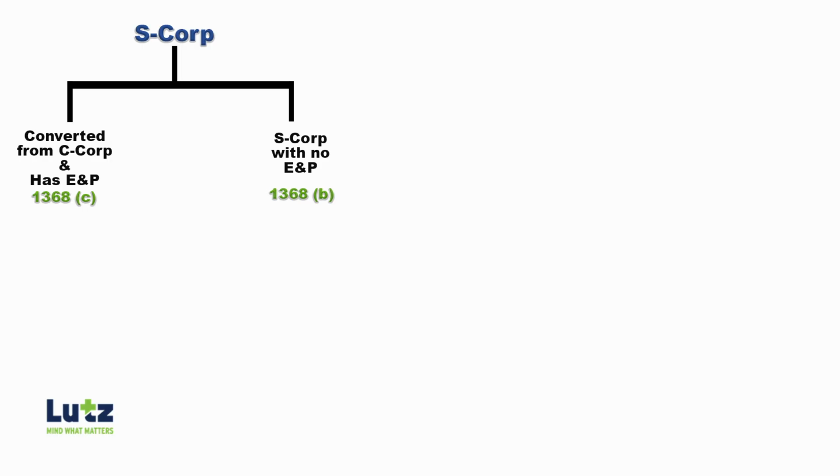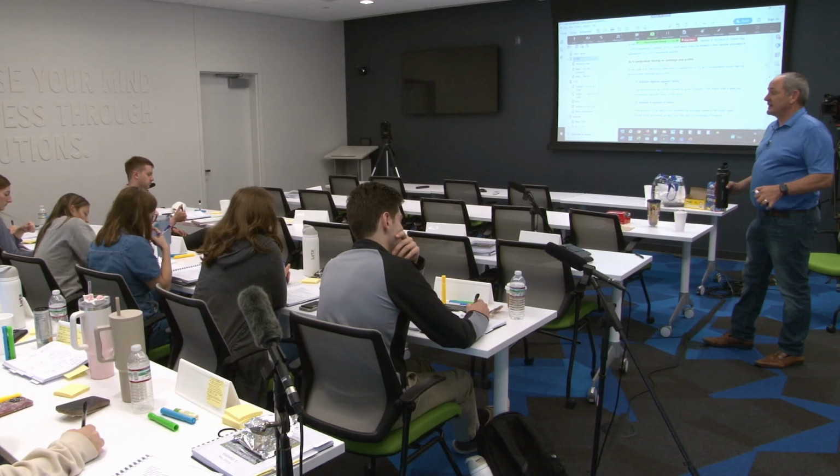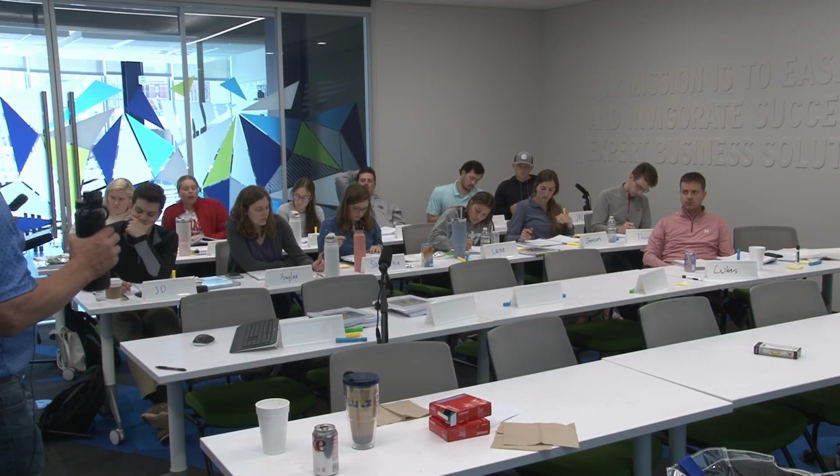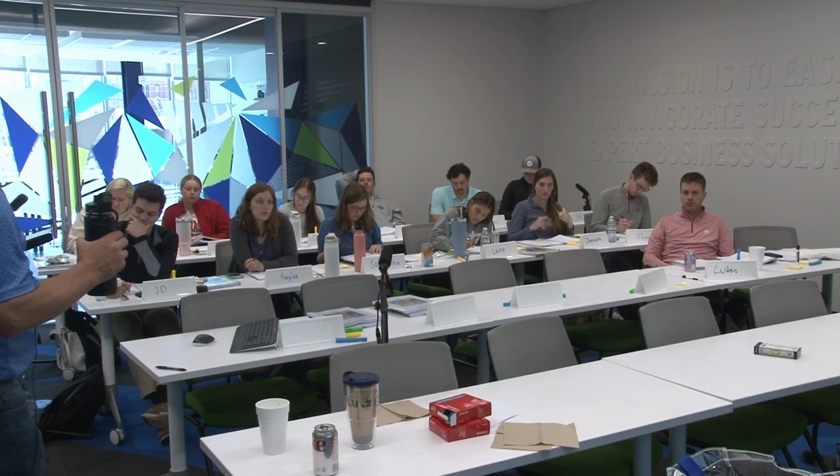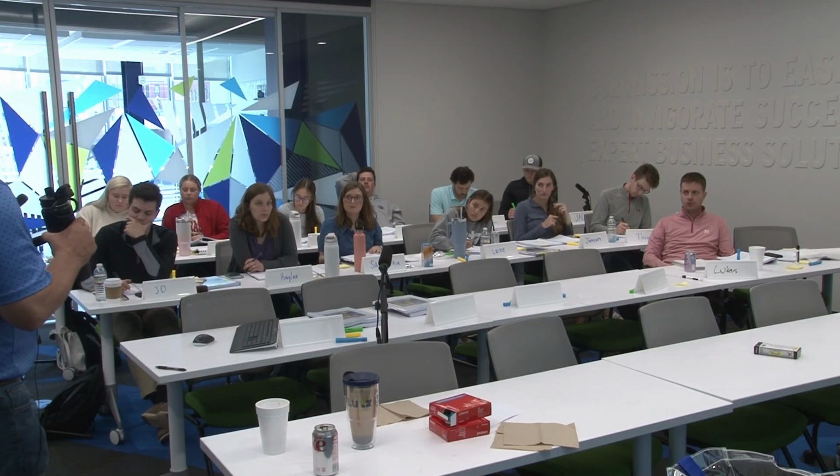What's the basic rule for distributions, or how to account for the tax result of a distribution? This one you should have. Distribution comes out, what happens?